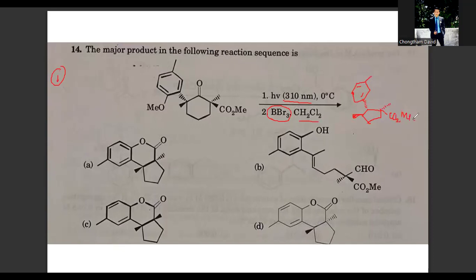And subsequently, this strong acid is added, BBr3, in the presence of dichloromethane. We now have the cyclization process that will proceed after this reaction. One, two, three, four.